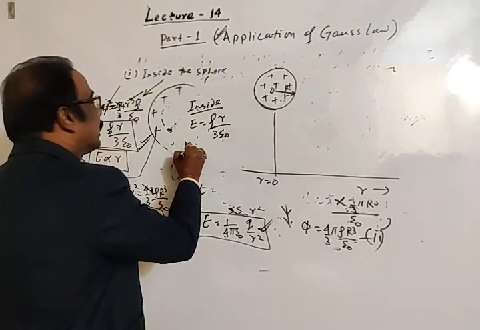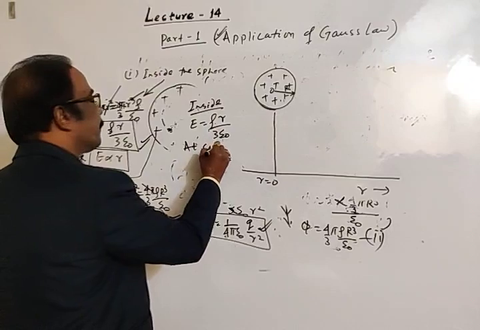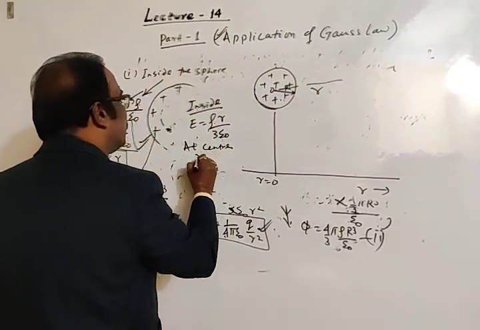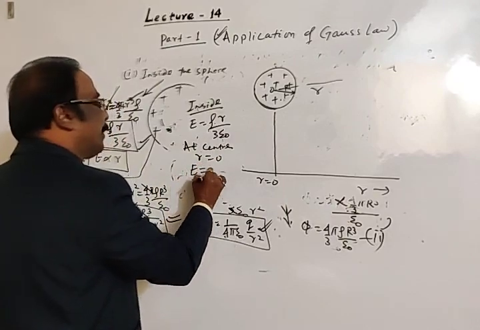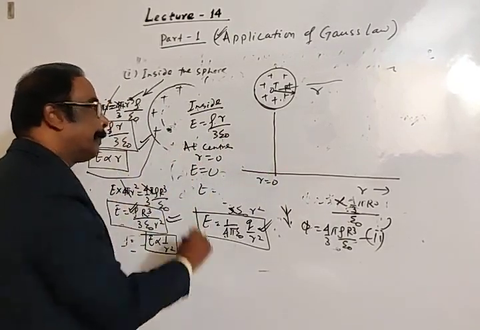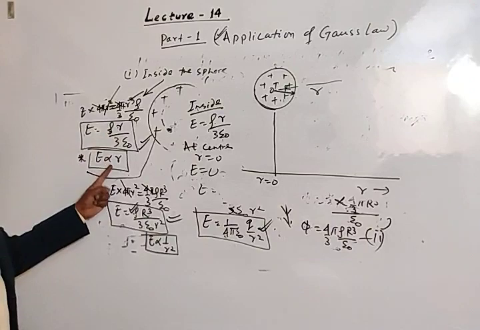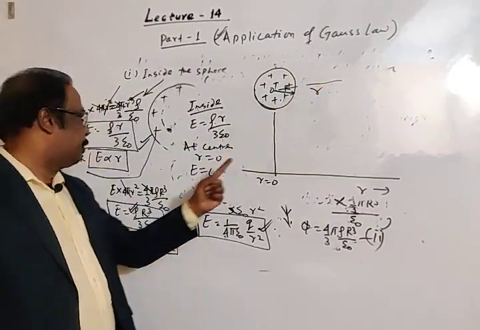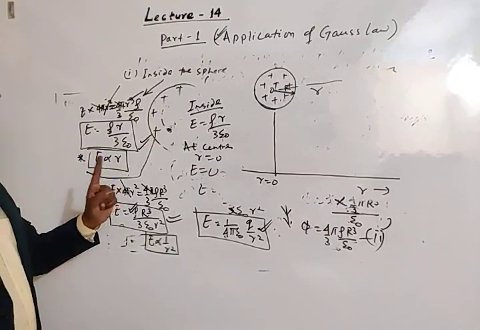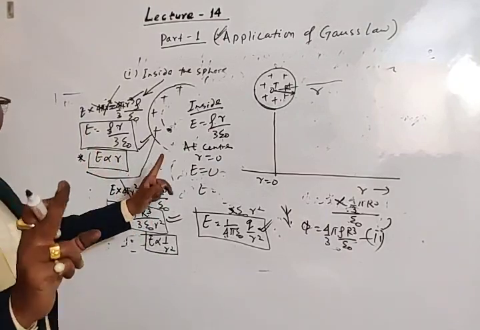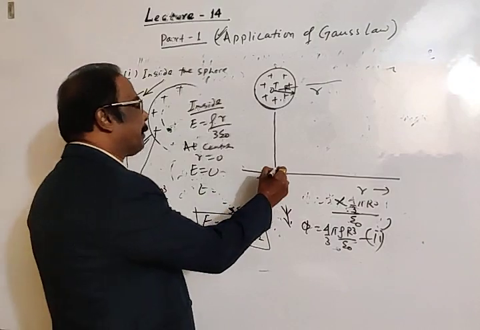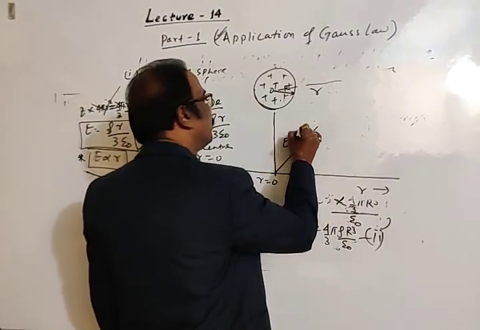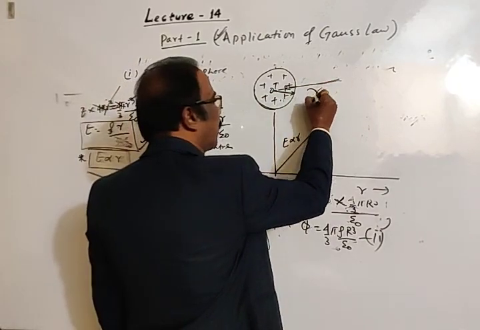At the center, r is 0, so the electric field is 0. Thereafter, as distance from the center increases, the electric field increases, since it is directly proportional to r. From the center, the electric field varies directly as the distance r.